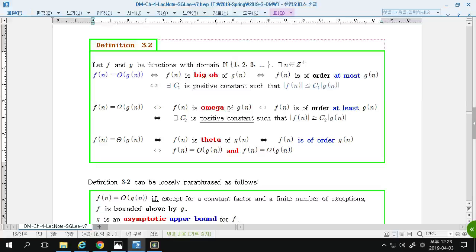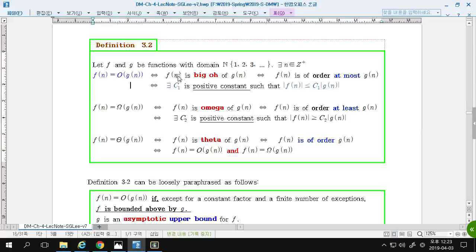Then we call f(n) omega of g(n). Next, f(n) is theta of g(n) if f(n) is omega of g(n) and f(n) is big O of g(n).